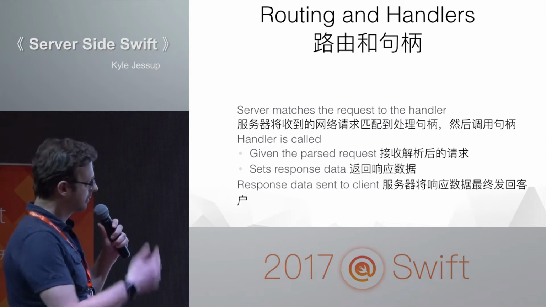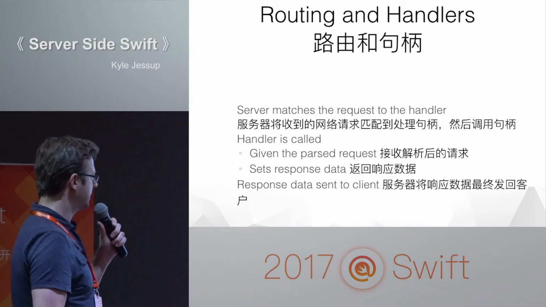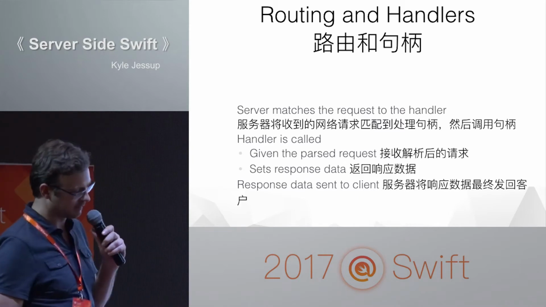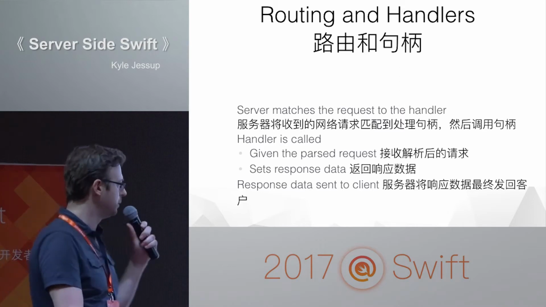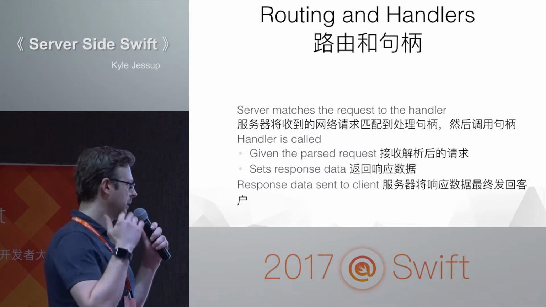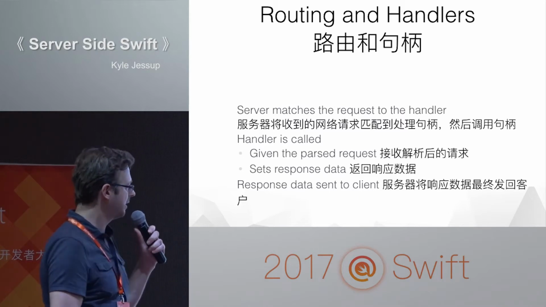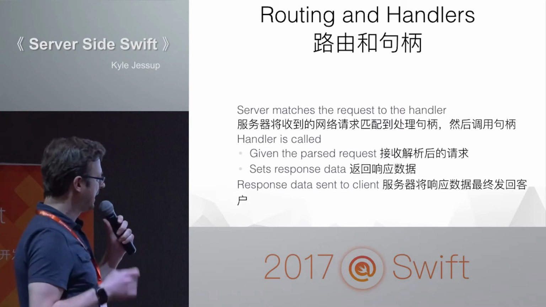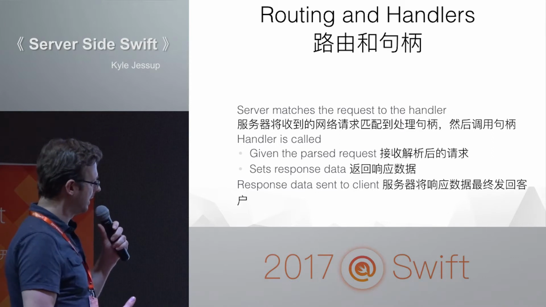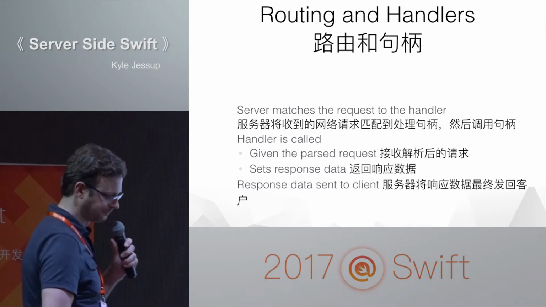And when the server finds a match, the HTTP method matches, the URI matches, it's going to call your code. When it calls your code, it gives you a parsed HTTP request. You crunch on that, send out some stuff, and then the server takes it, builds it into an actual HTTP response, and sends it to the client.